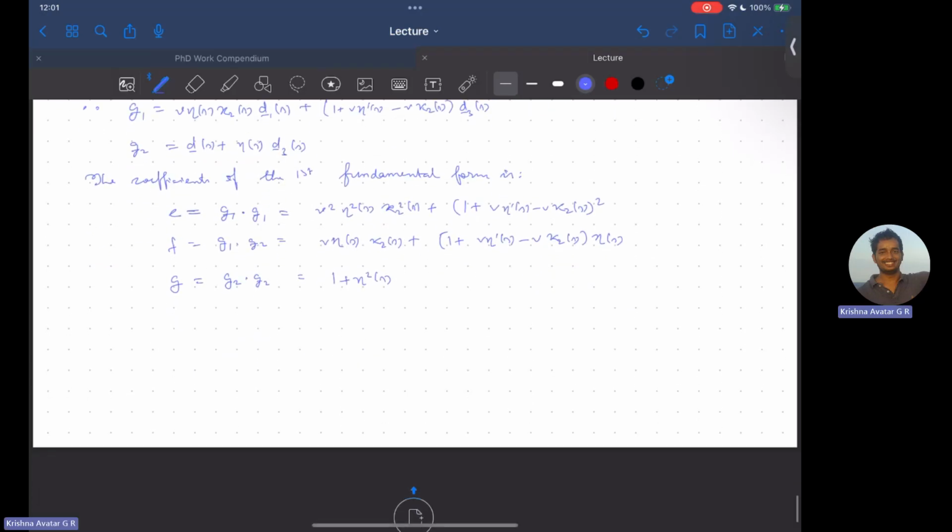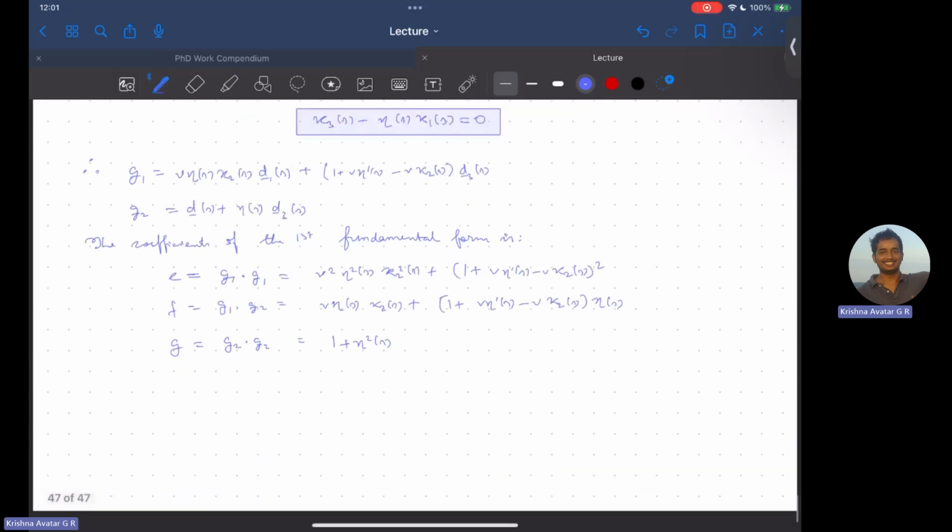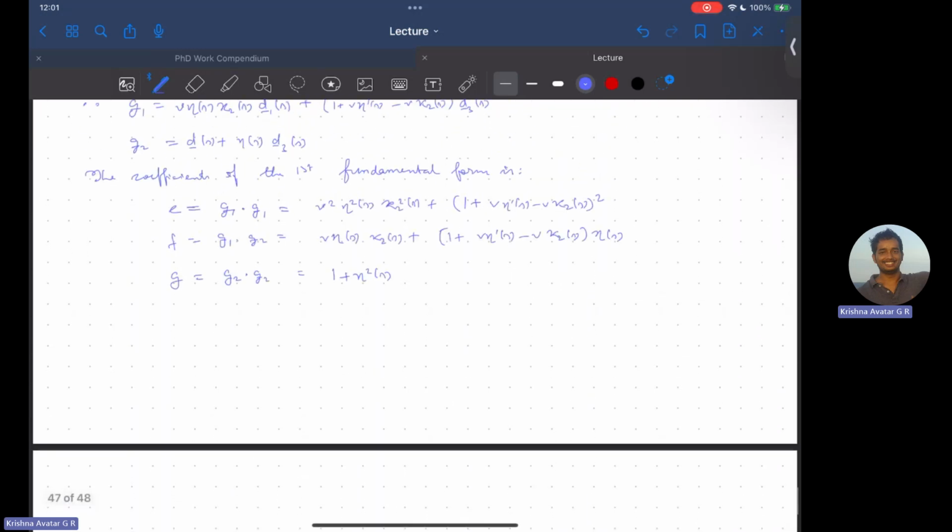Right? And let's look at the second fundamental form.